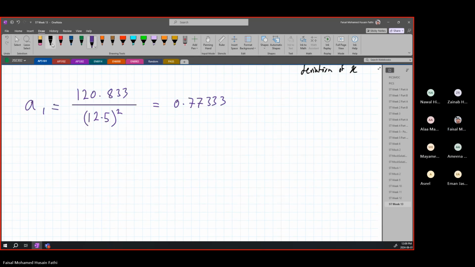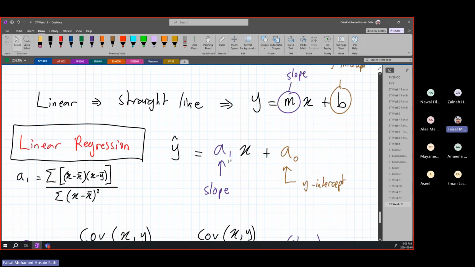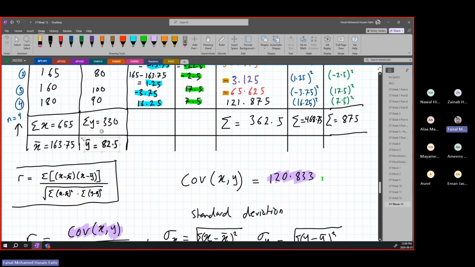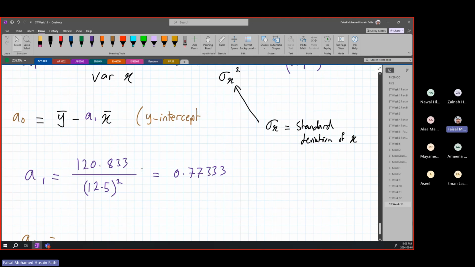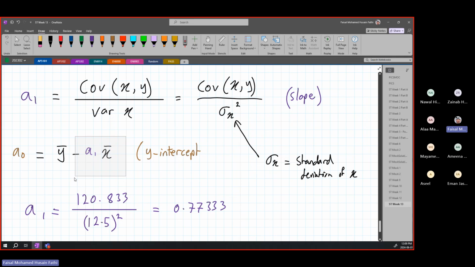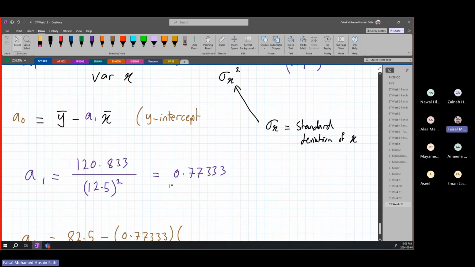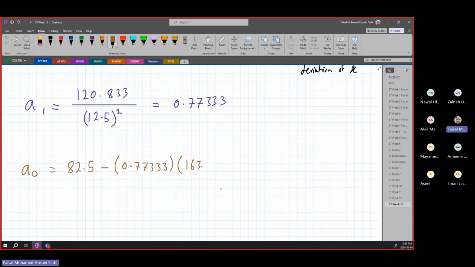For a0, it is equal to y bar, which is the average y bar, which we found earlier. Y bar, if you remember, is 82.5. So 82.5 minus a1, which is the value we just got, 0.77333, times the x bar, which is the average we got from the very beginning for x, which is 163.75.